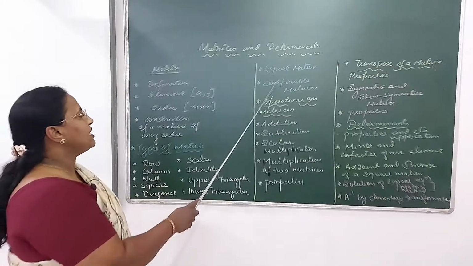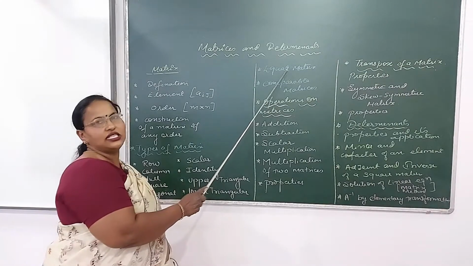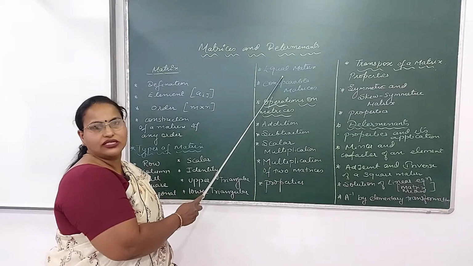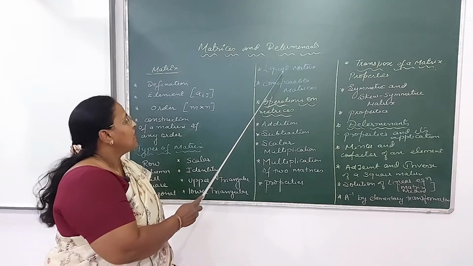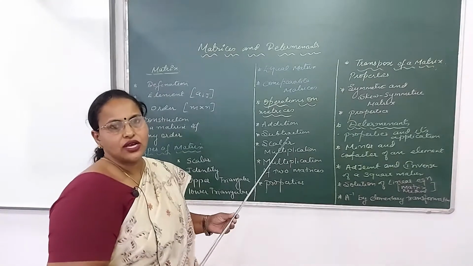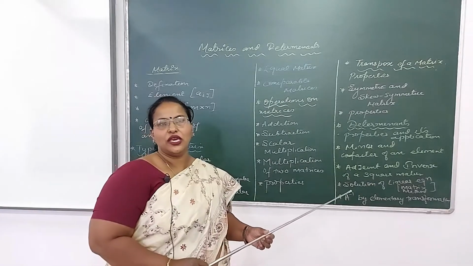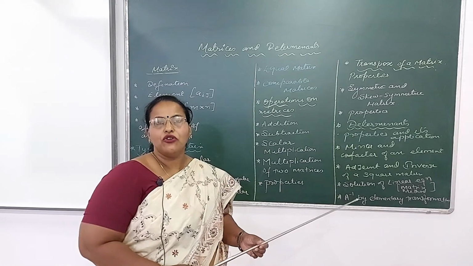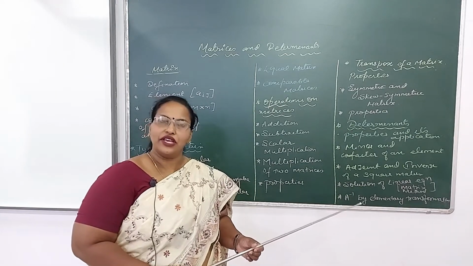Now moving to the next very important concept, that is equal matrix. Based on the concept of equal matrix, definitely you will be getting questions. Now what is the concept of equal matrix? Two matrices are said to be equal if their orders are the same. Moreover, the entries at the positions are equal.